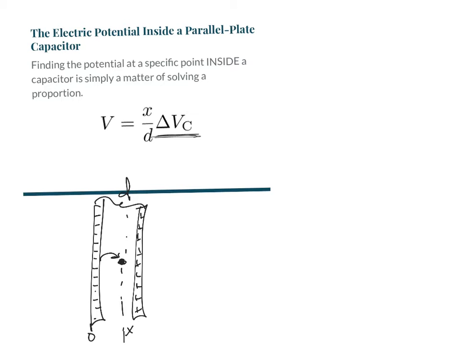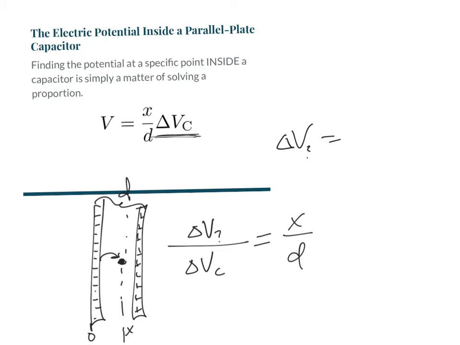And the proportion says this potential difference that you're searching for out of the total potential difference, which is the potential difference of the capacitor, equals the distance you went, X, over the total distance, the capacitor, D. So if you solve this for your potential difference that is in question, I'm going to put it as a little question mark, you get the potential difference you're looking for is X, your position, times the potential difference of the capacitor divided by D, which is the same thing that's right there.